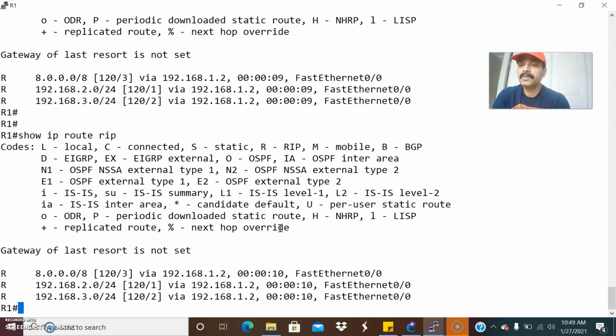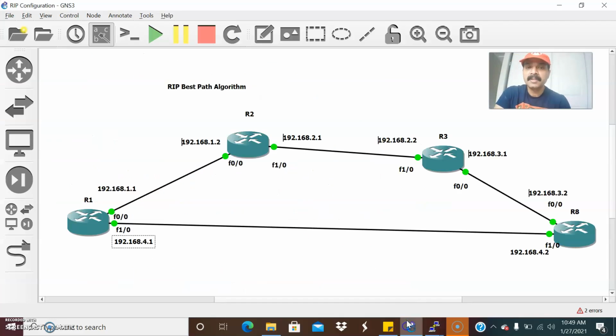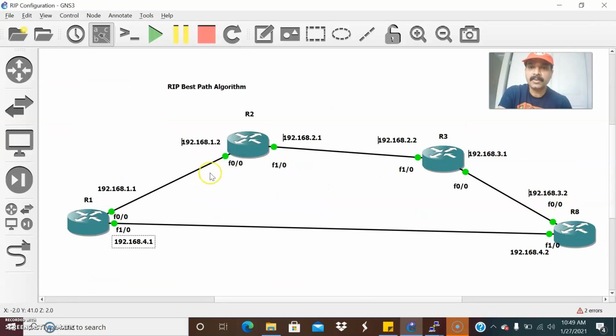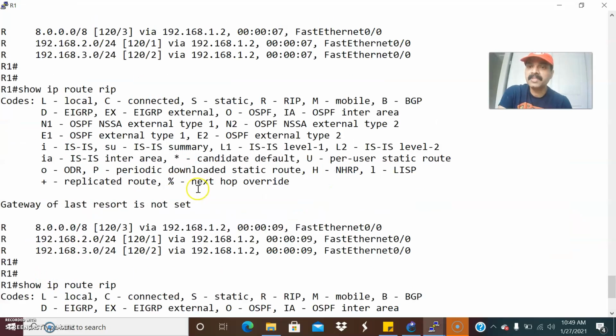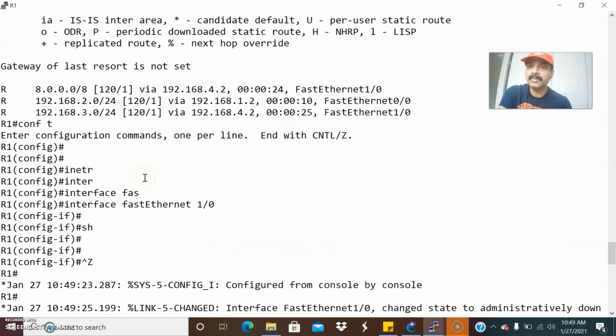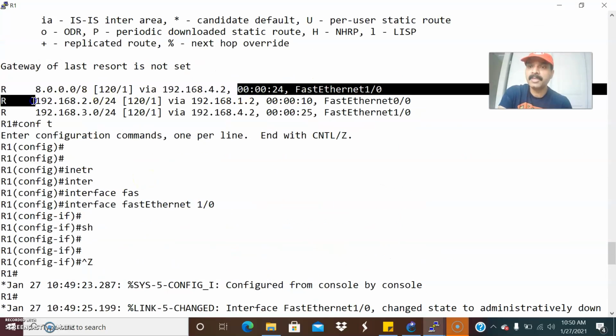Yeah, so now you are able to see the difference, right? So what happened? It selects this path because I shut down both of these interfaces. Now it is 3 hops away from this router. It is reaching via 1.2, this interface, 1, 2, 3. 3 hops away from R8. So previously you saw the best path algorithm selected the best path there, that is 120 by 1, right? So this was the best path via this algorithm.